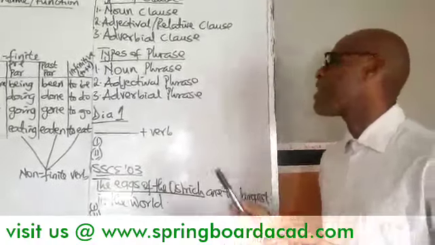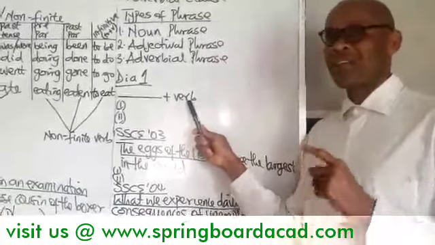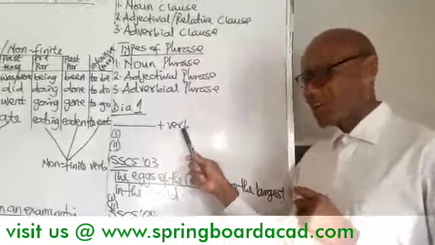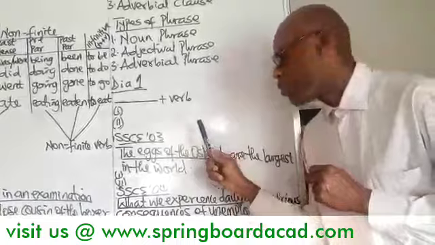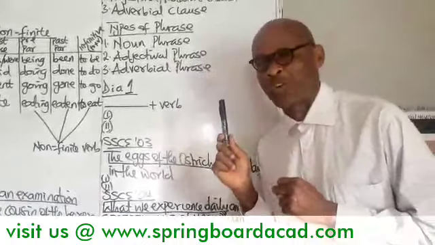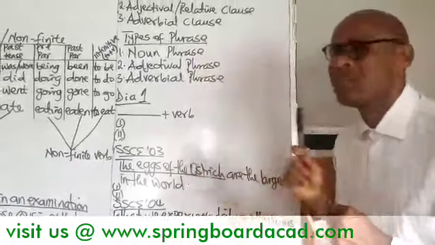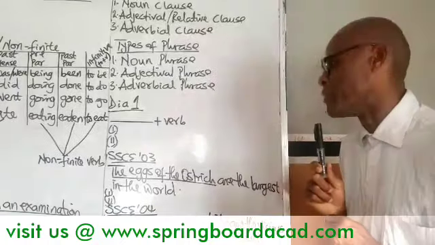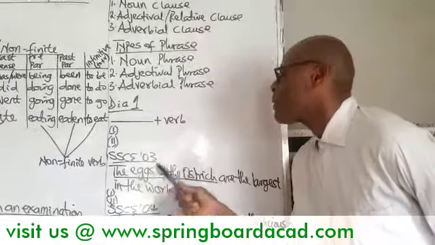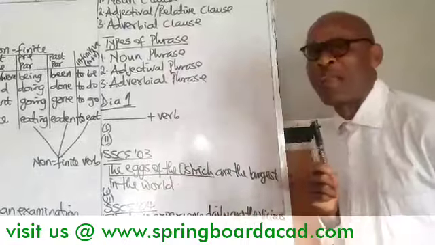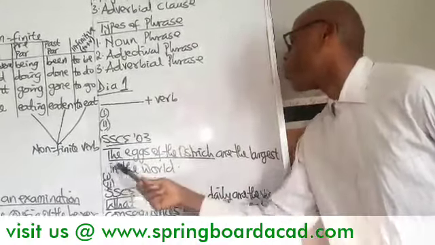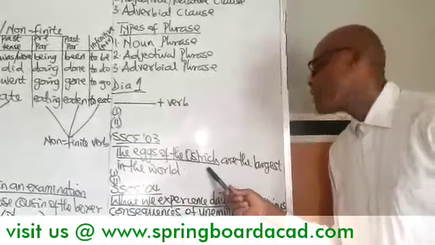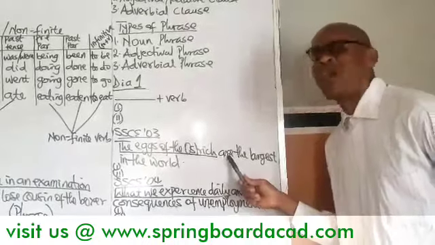Immediately after it, a verb is in front of it. Please go to your past questions. Open to the 2003 past question. You are going to see this, verse 6, if I'm not mistaken. In verse 6, the underlined words say, the eggs of the ostrich. Immediately after that underlined group, a verb is in front.